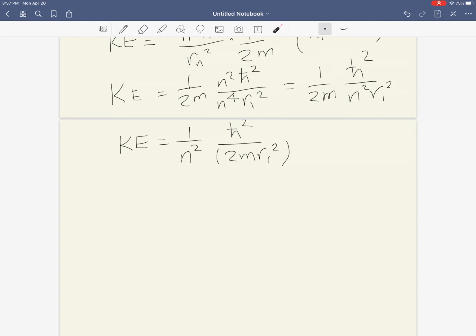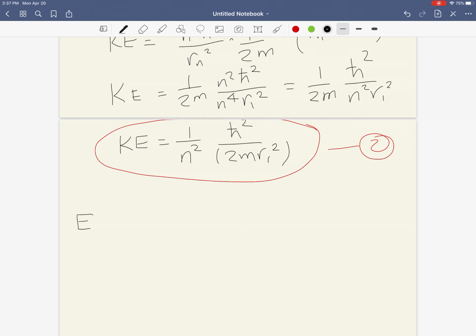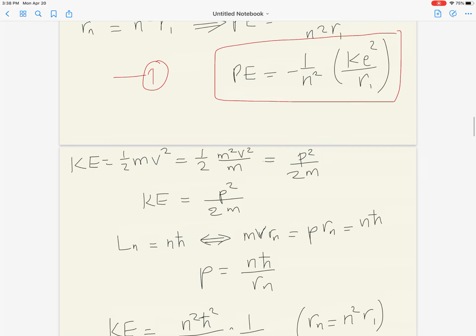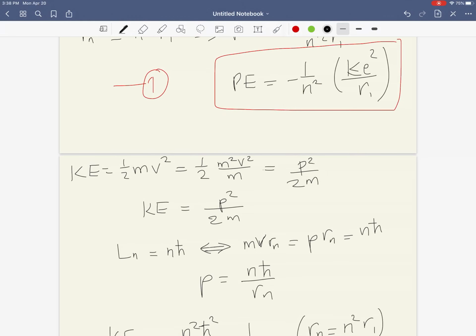Now we put the two expressions together. So if we call this equation 2, then we have that the total energy is then 1 over n squared h bar squared over 2m R1 squared minus, and we just go up here and recall our expression for the potential energy.